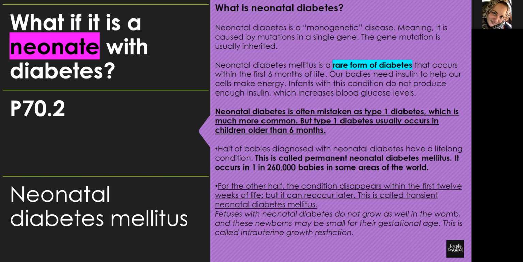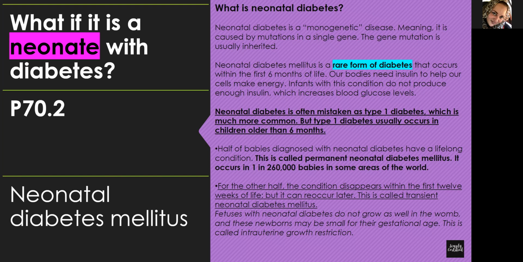Since it's hereditary, it might be more prevalent in some places than others. In some areas, you might see it even less than that, and in some areas, more. But the average is 1 in every 260,000 babies.